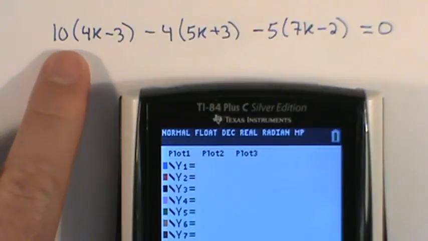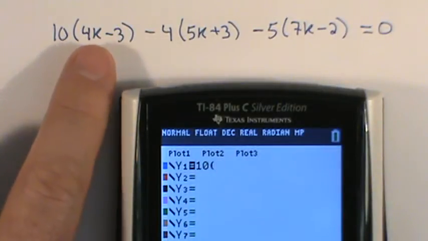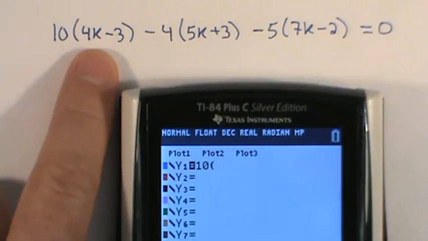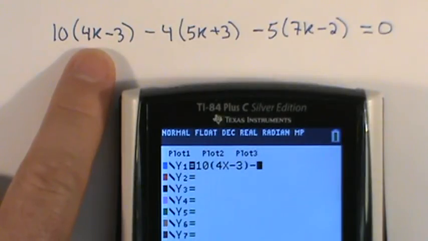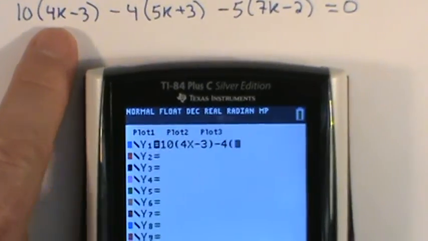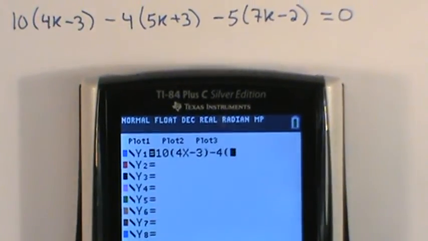So I'll do 10, then I do my parentheses. The calculator will not allow you to use different variables, so you always have to by default use x. And so I'll do 4x minus 3, and then I'll do minus 4 parentheses, and I'll say 5x plus 3, close that parenthesis.